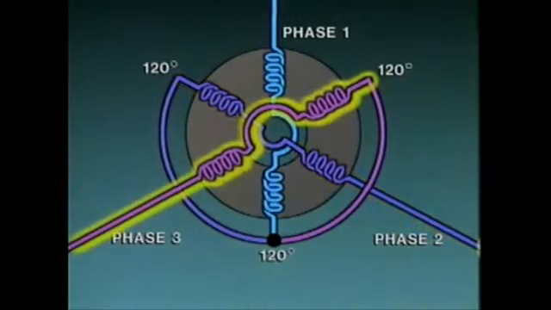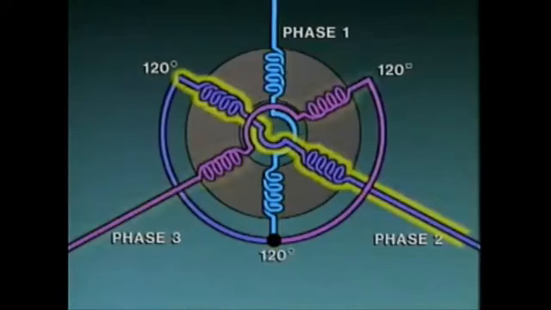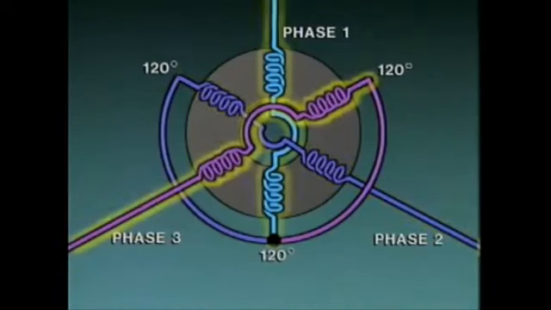Because the coil pairs are 120 degrees apart from each other, the net effect through the complete three-phase cycle is that the overall magnetic field between the stator coils rotates. The rotor in this type of three-phase motor is an electromagnet. Its magnetic field interacts with the stator's rotating magnetic field, and as a result, the rotor turns.